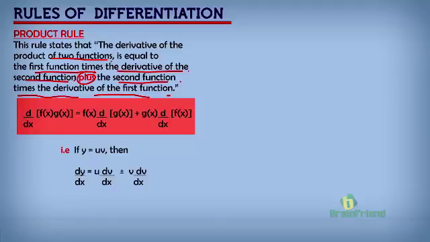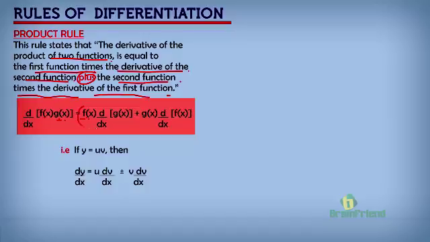So if we are asked to find the derivative of the product of two functions, the function f of x and the function g of x are two different functions. If we were asked to find their derivative, we would do that by first multiplying our first function f of x by the derivative of the second function, g of x.